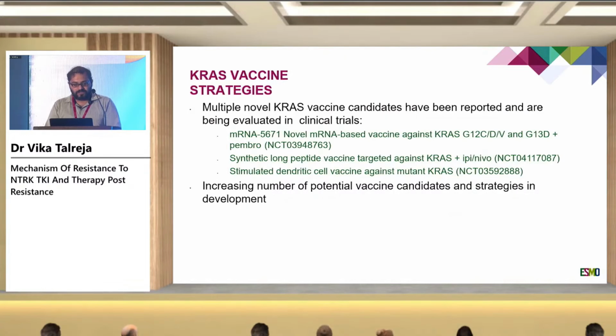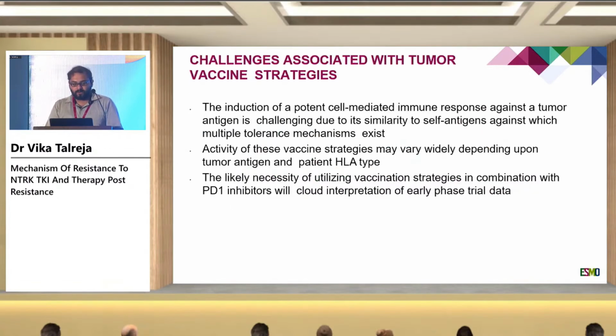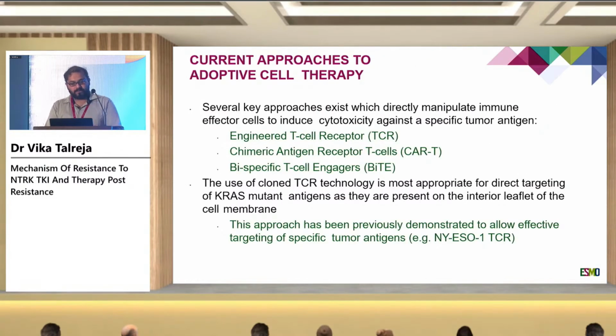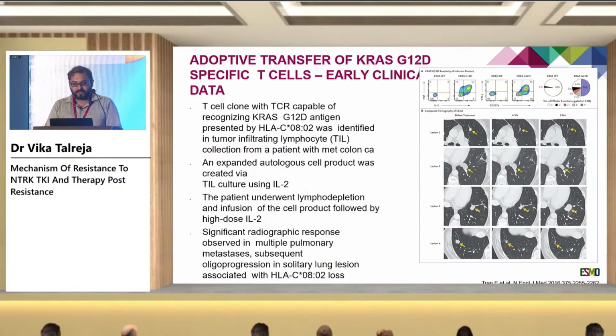And therefore, these three novel mRNA-based vaccines are in various phases of development in combination with immunotherapies, be it nivolumab or pembrolizumab, and they are showing a lot of promising results, especially with engineered T-cell therapy, CAR T-cell therapy, and BiTE T-cell therapy, all coming into the adoptive T-cell pathways in these tumors.